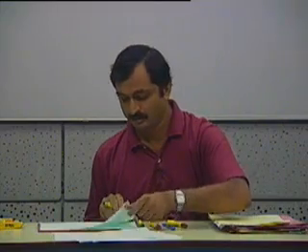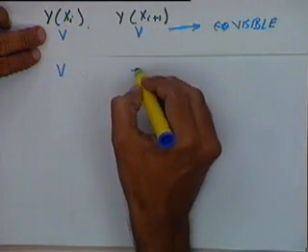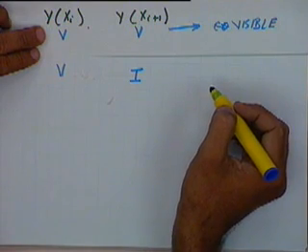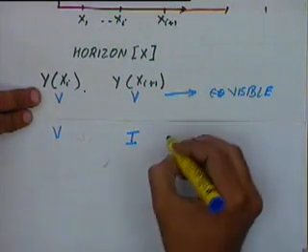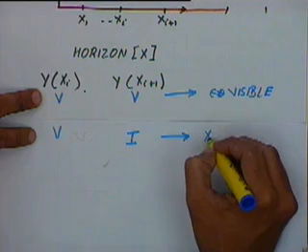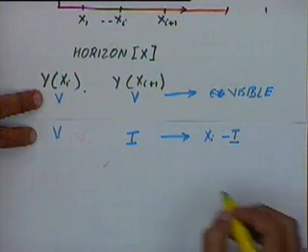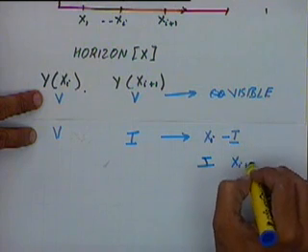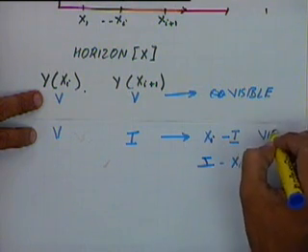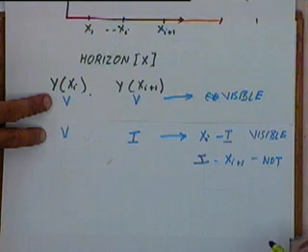If at xi the curve is visible and at xi plus 1 the curve is invisible, in that case from xi to the intersection point the curve will be visible, and from the intersection point to xi plus 1 the curve will be invisible. It will not be visible.